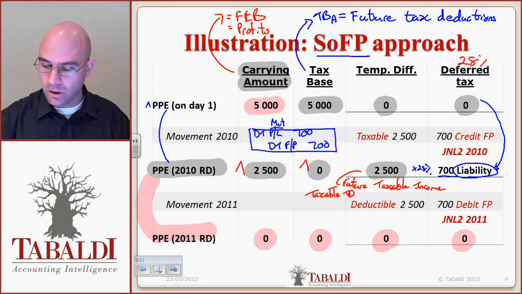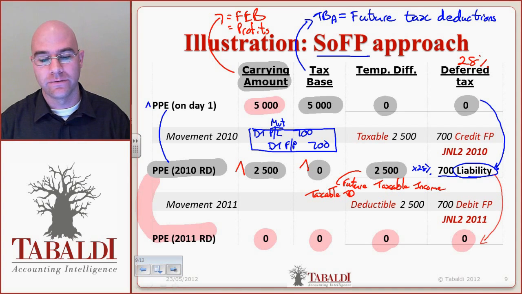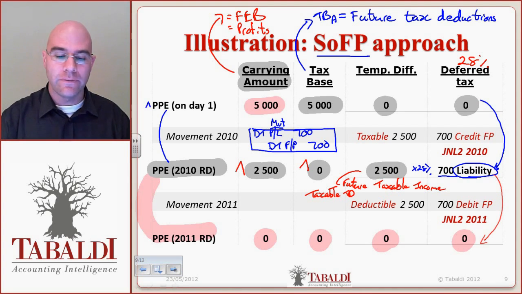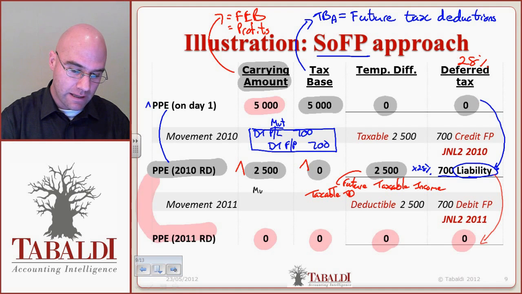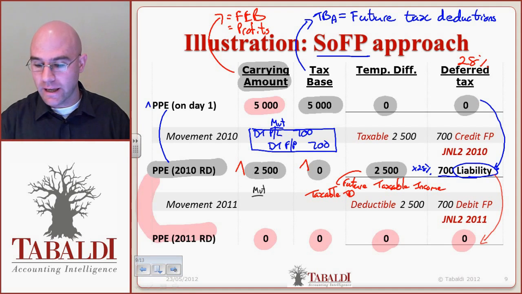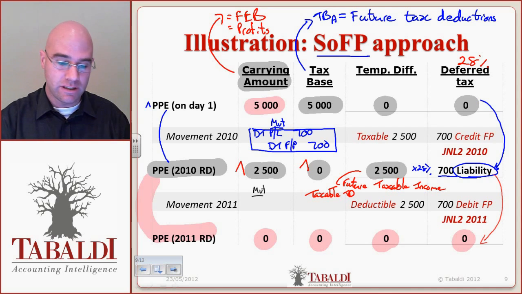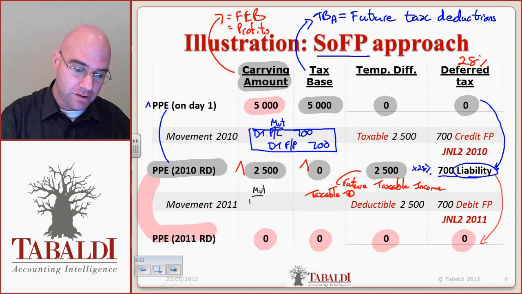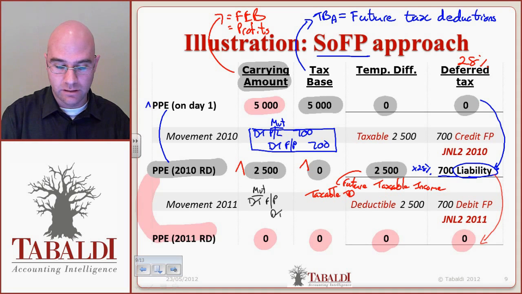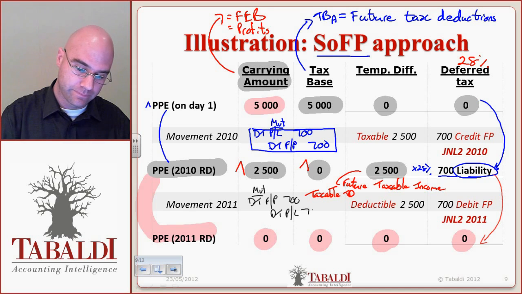So in this scenario now, I've gone from a 700 Rand deferred tax liability to a 0 deferred tax balance. Therefore, the movement for 2011, well, let's think. I had a liability balance, which is a credit balance. I need to make the balance sheet side back to 0. So I'm going to debit deferred tax financial position, credit deferred tax expense profit and loss, 700.